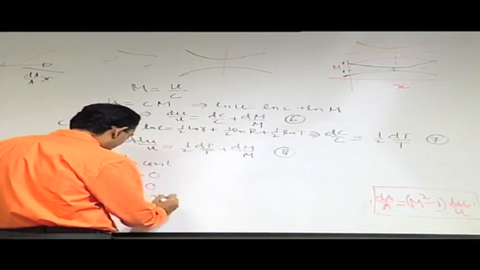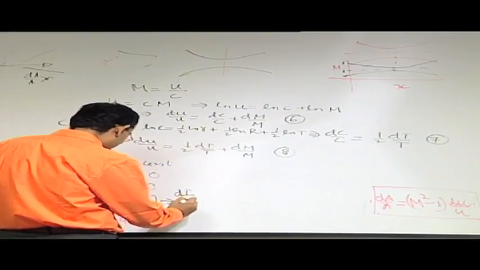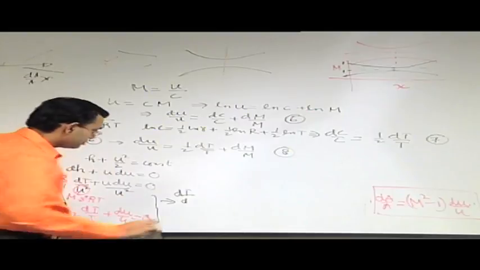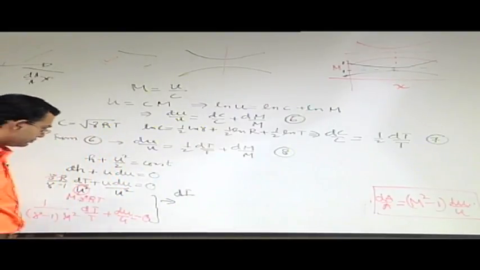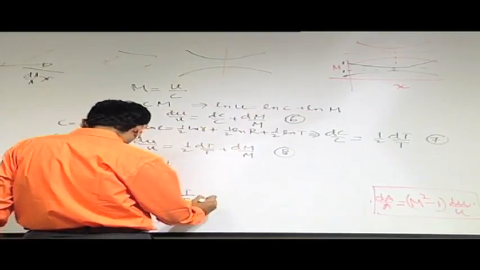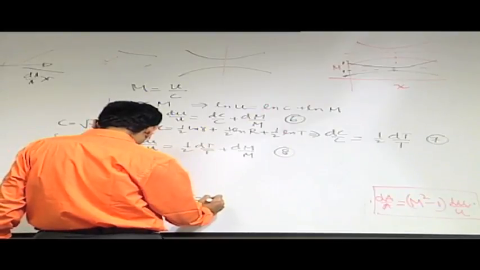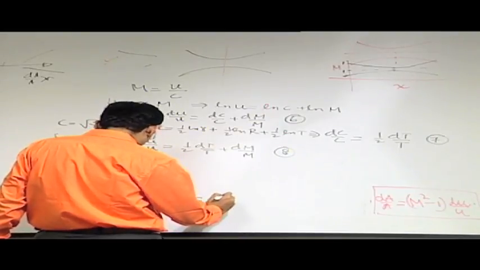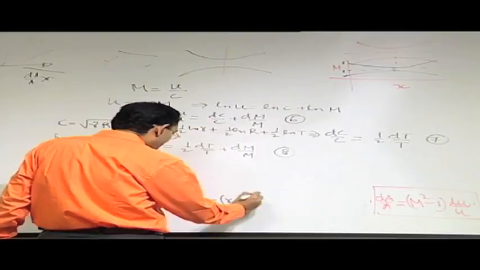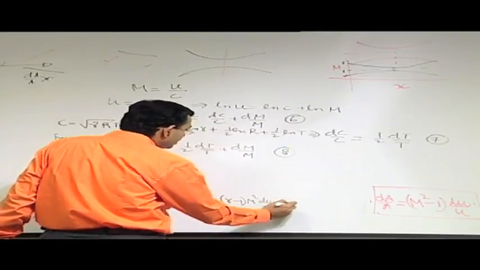So, from this we get dt by t is equal to minus of gamma minus 1 m square into du by u. So, this is 9.